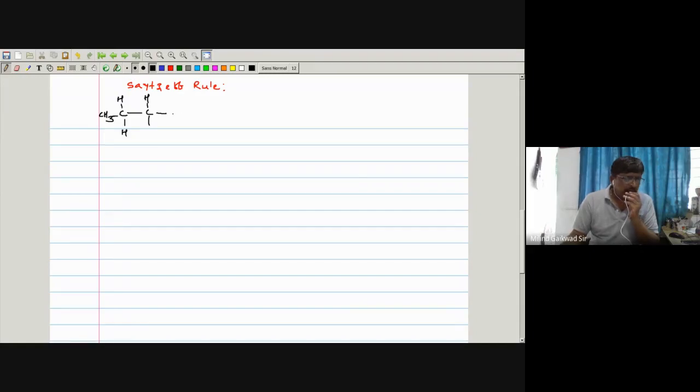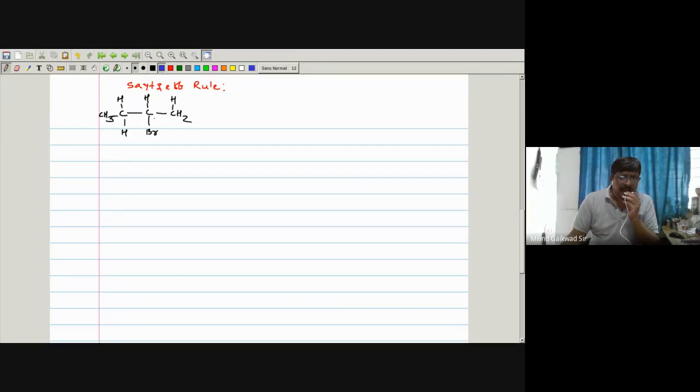Here you can take one more R group, and here CH2 and H means CH3. And here is a halogen, you can take Br.